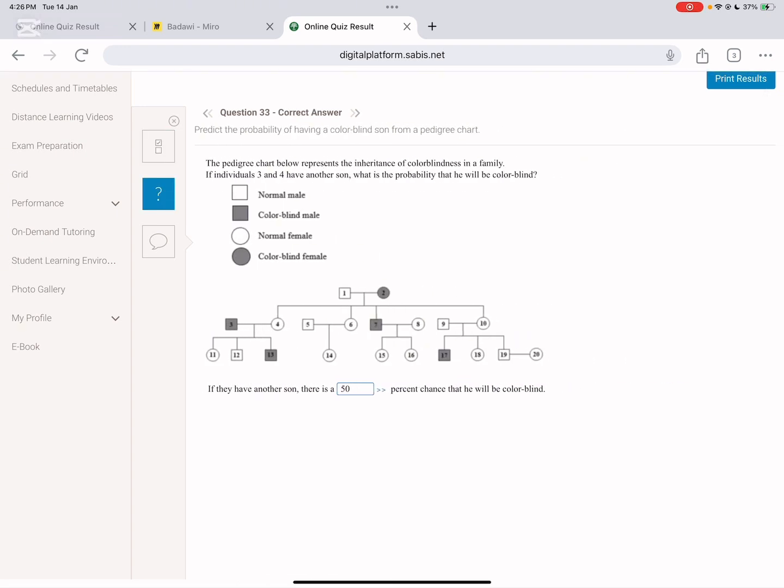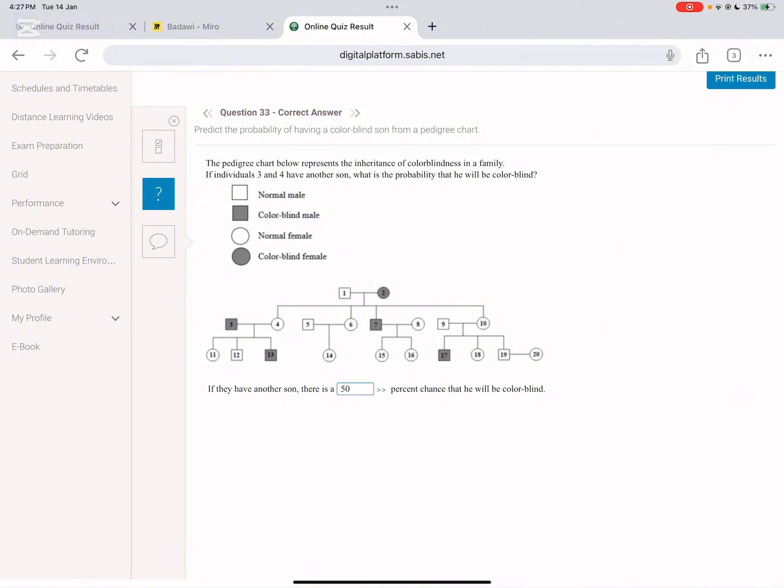Okay, let's do this question. We have a pedigree chart that represents the inheritance of color blindness in a family. They're asking us if individuals 3 and 4 have another son, what is the probability that he will be color blind? So 3 and 4 are over here to the left.